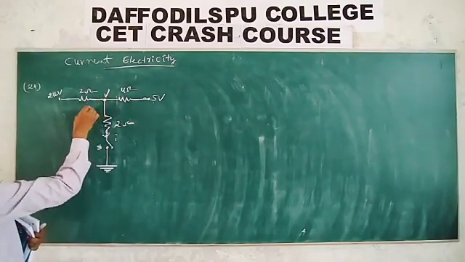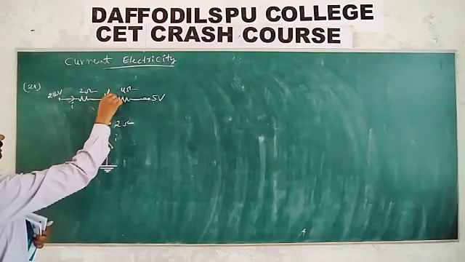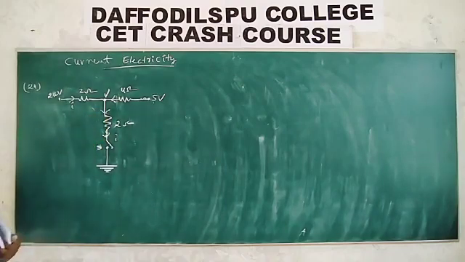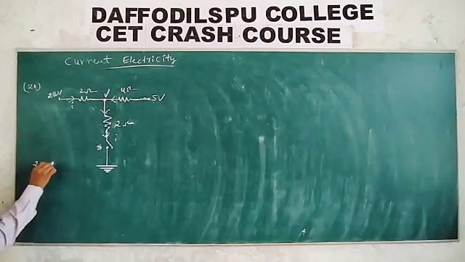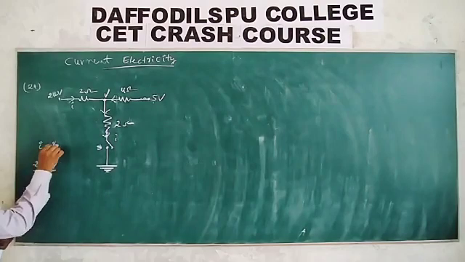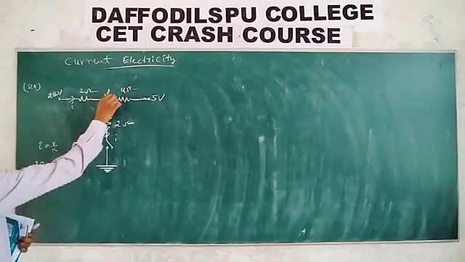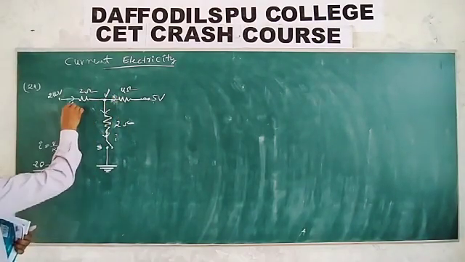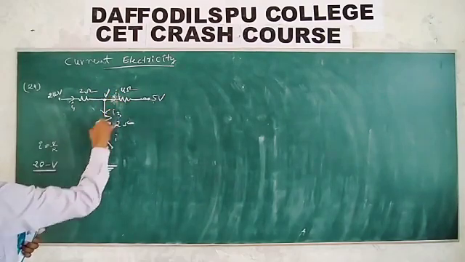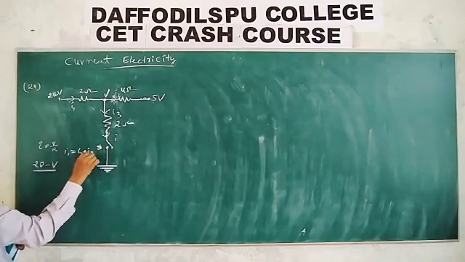For that purpose, if I is the current flowing here, then I1, potential difference by resistance, is 20 minus V by 2. When the current is divided like this into I1, I2, I3, then I1 is equal to I2 plus I3.